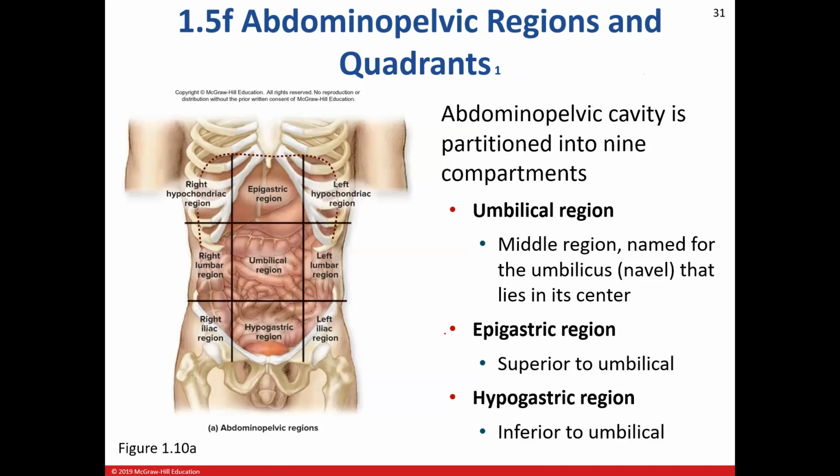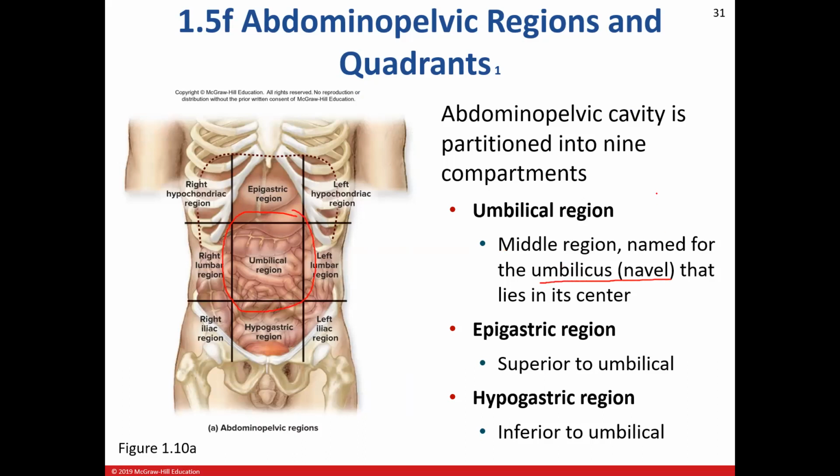There are two ways that we can label the abdominopelvic regions. The first one is this tic-tac-toe looking structure, which gives us 9 regions, or compartments. Let's start with the center square in the middle. That's called the umbilical region, because that's where your umbilicus is.